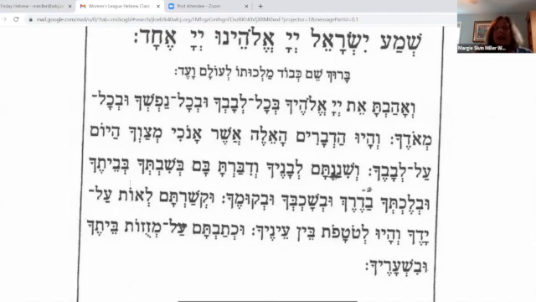Okay, let's do the same pattern we did before. The bet is by itself as a syllable. The shin and the vet put together. So it's shiv-te-cha. Look underneath the vet and the tav. It's 2 of those shvas next to each other.